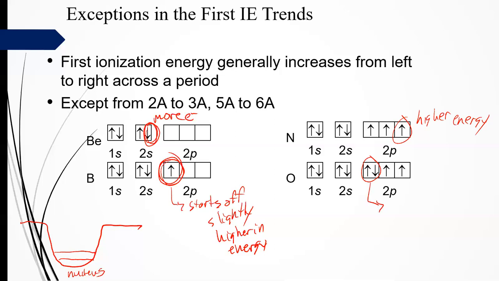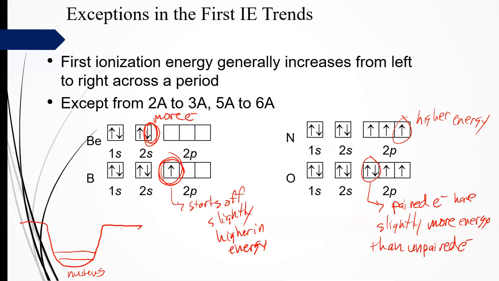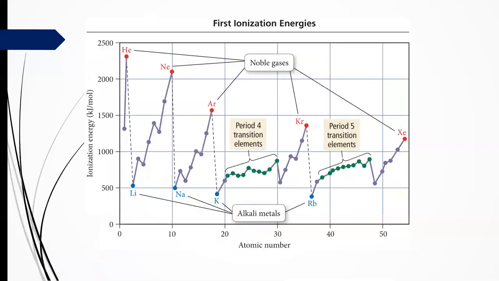Because those paired electrons have slightly more energy than unpaired, it's a little bit easier to remove them. And so that's why our picture is not as clean as what we used to see.